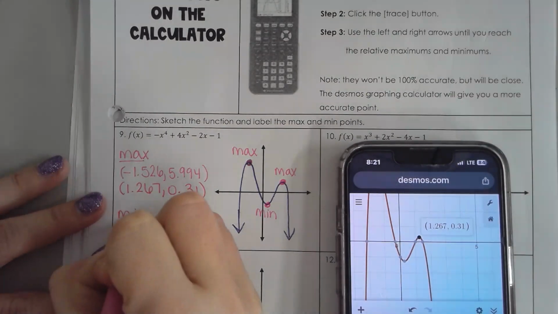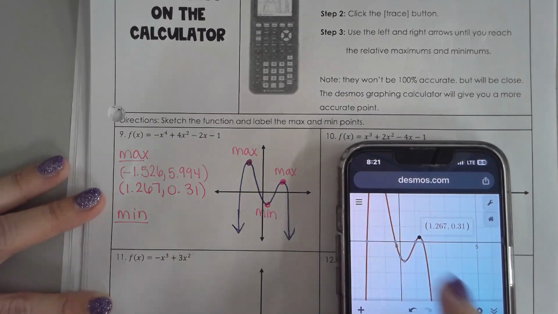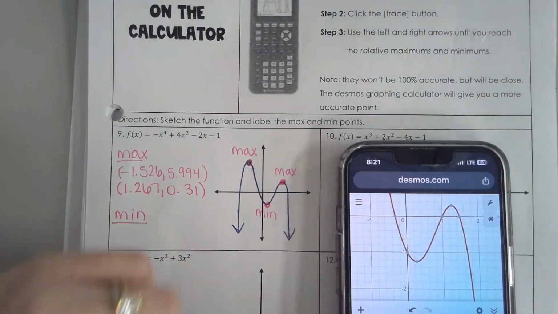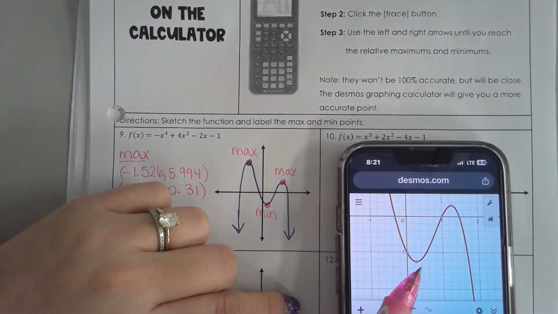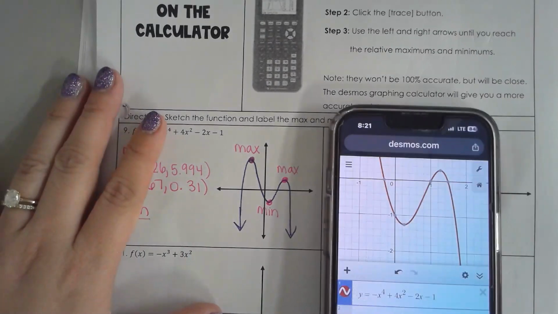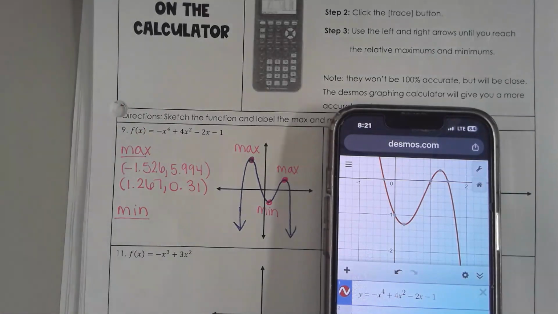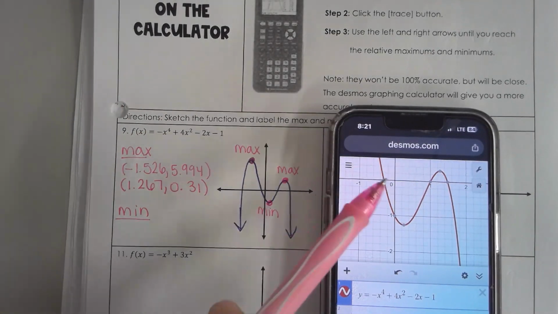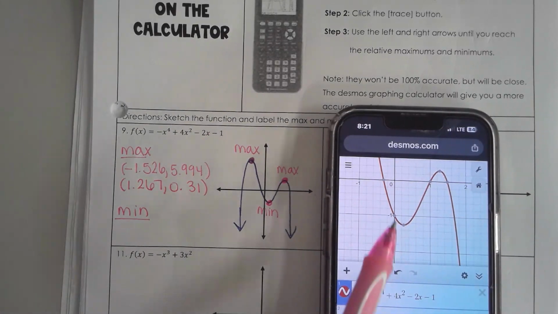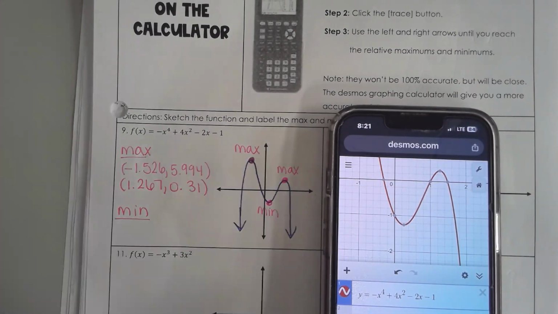And then we have one minimum. Now be careful, like if you look here, when I click on this, notice there's several different points that are clicked. That's got a little point on them. I don't know if you can see that. It'll be the same on your Chromebook. But it's going to put a point on any x-intercepts. It's going to put a point on the y-intercept. So just make sure you've clicked on the right one.